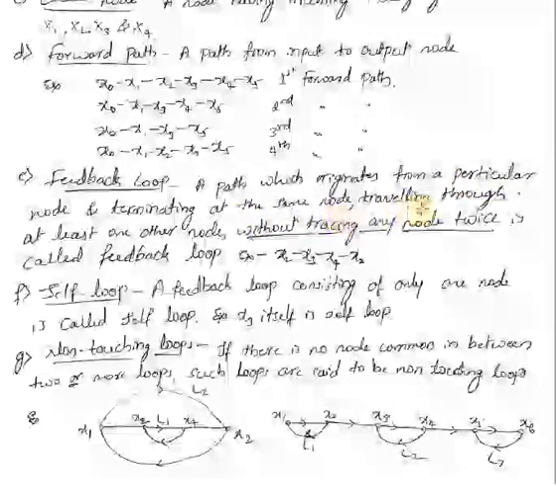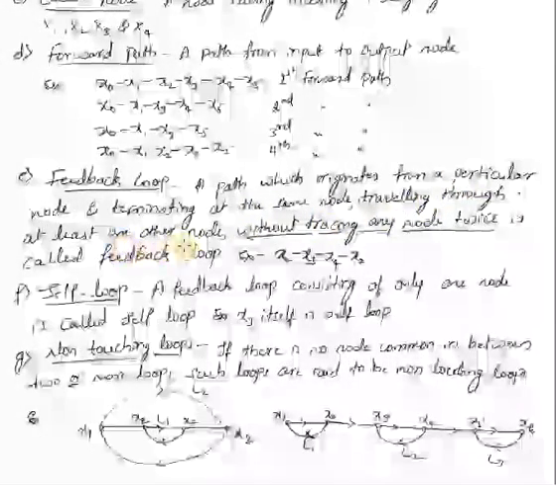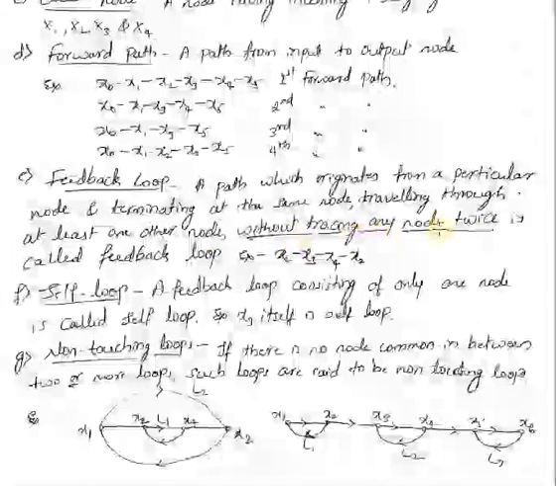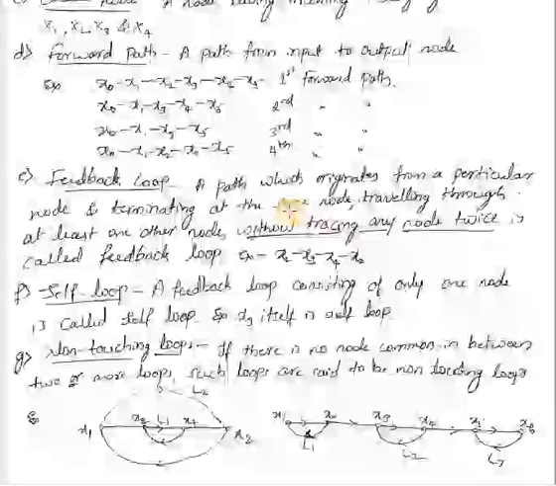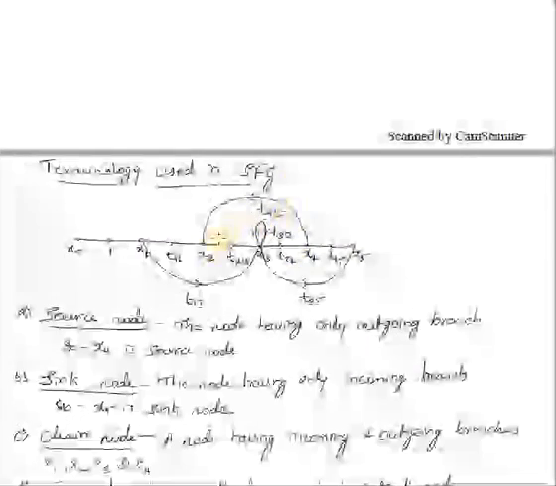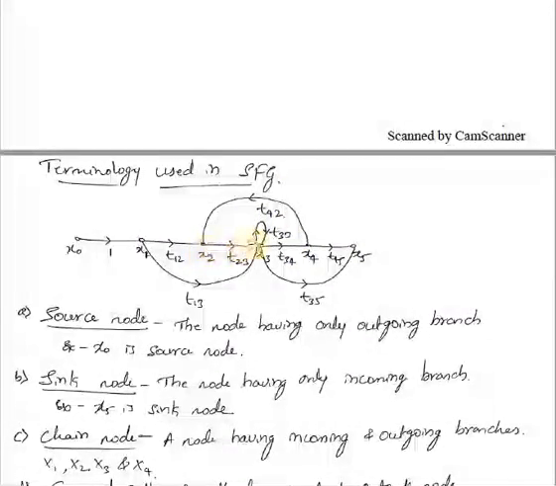the same node, traveling through at least one node without tracing any node twice, is called a feedback loop. So here if you consider this x2, x3, x4 and coming back to x2. So here if I start from here, x2 to x3, x3 to x4 and coming back to x2.